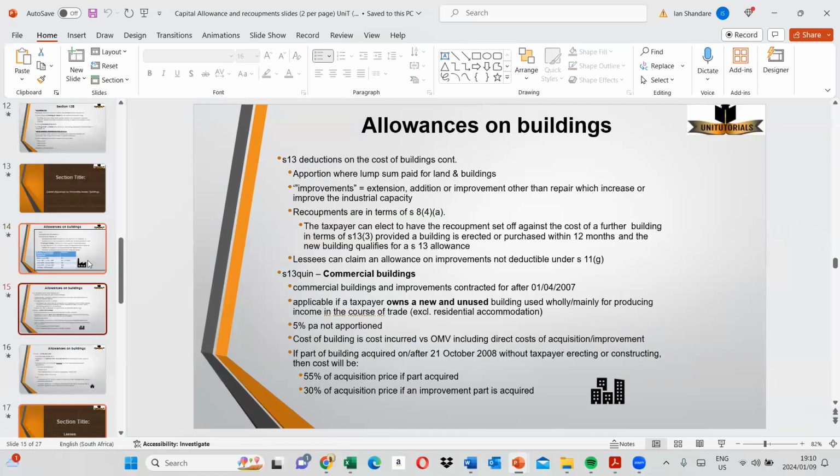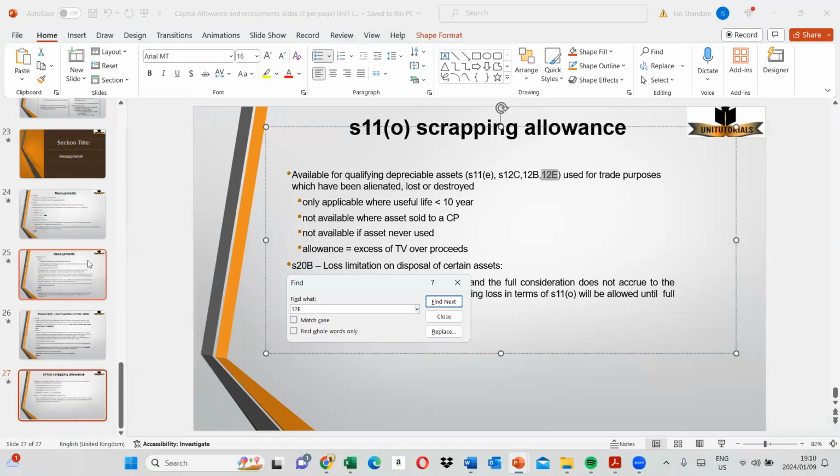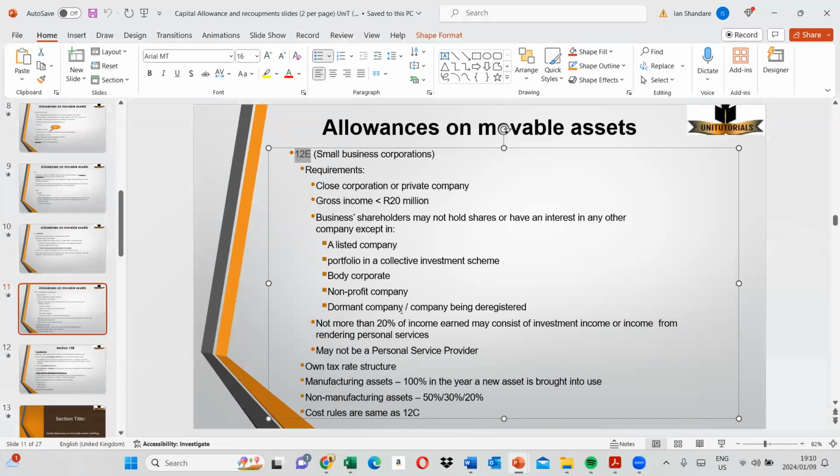Let me just see if I have 11E, sorry, 12E. So this is what I have in terms of small businesses. We have our allowances, you can see now small business, you can see now the allowance.